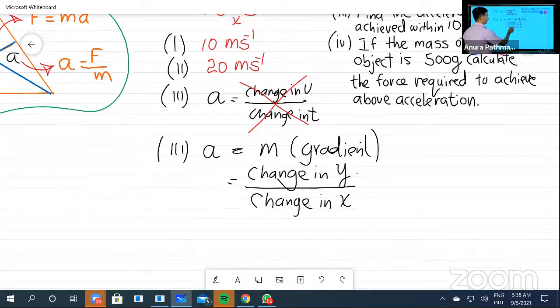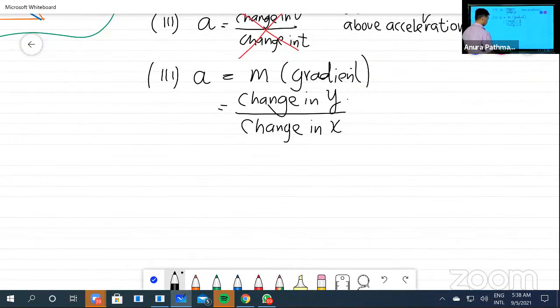So change in y, what was the value of y?